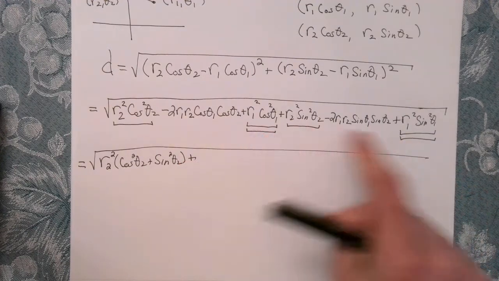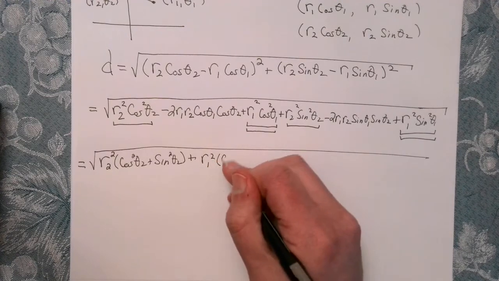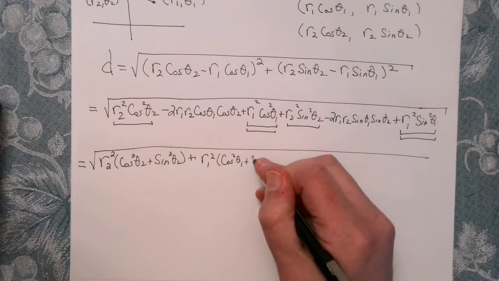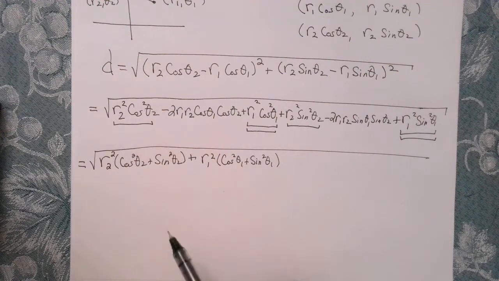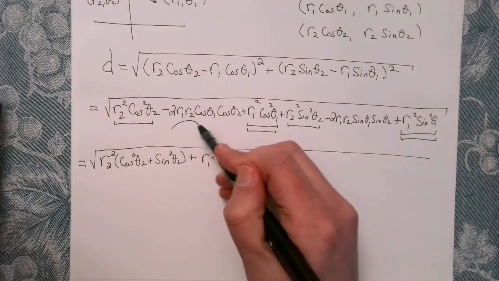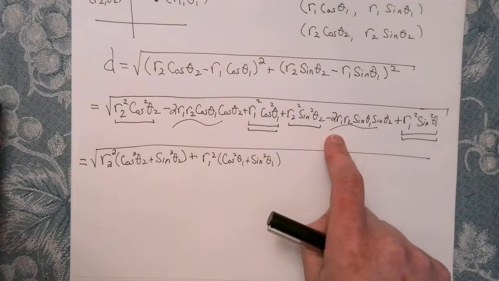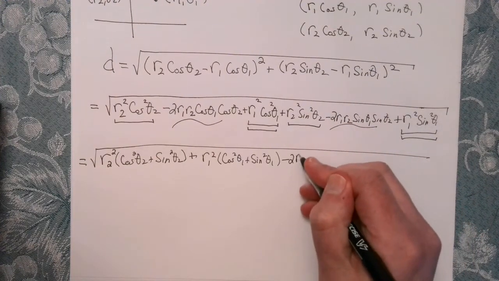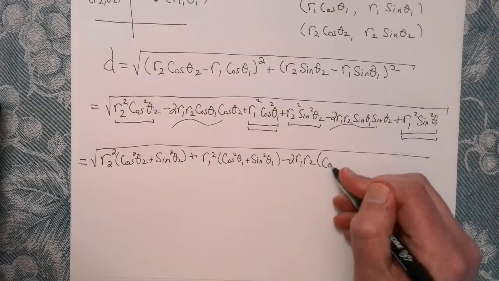And then for these two, looks like r1 squared times cosine squared of theta 1 plus sine squared of theta 1. Now these terms seem interesting. Let's bring them together and factor out that 2r1 r2.